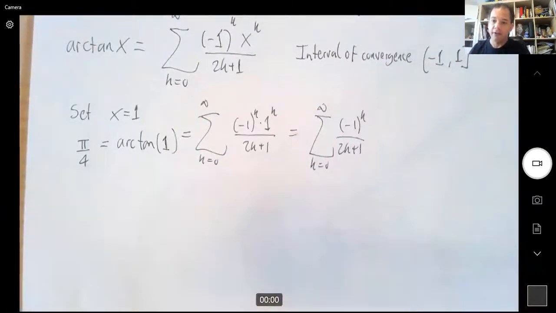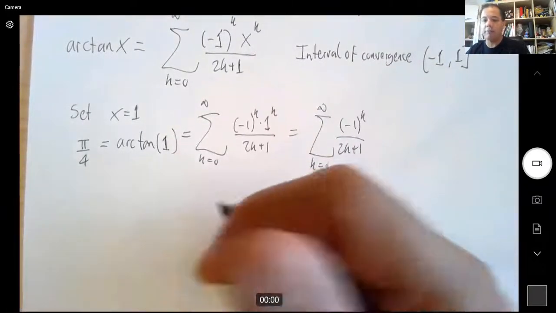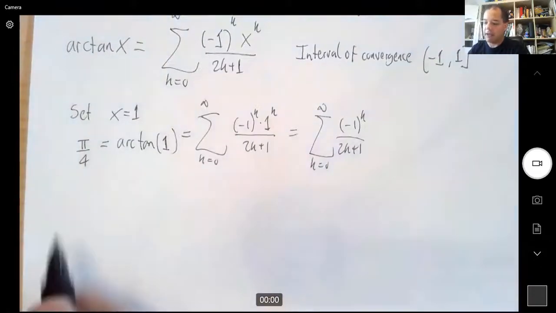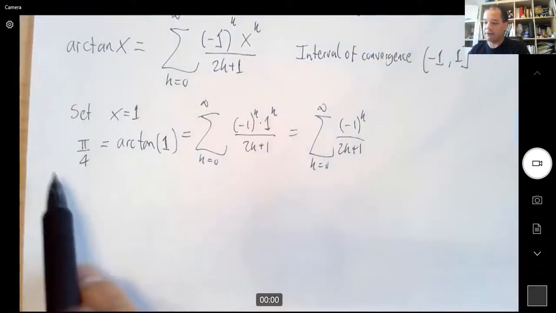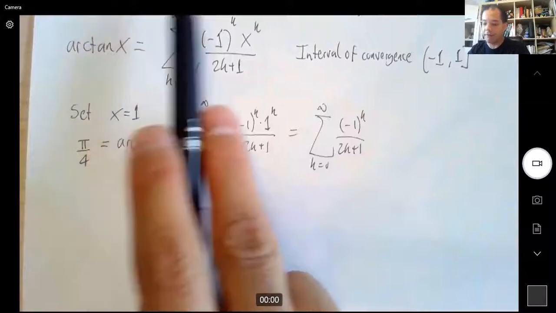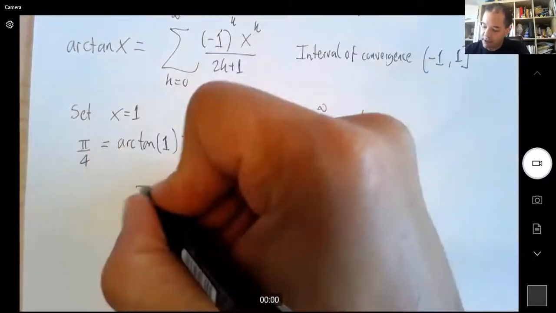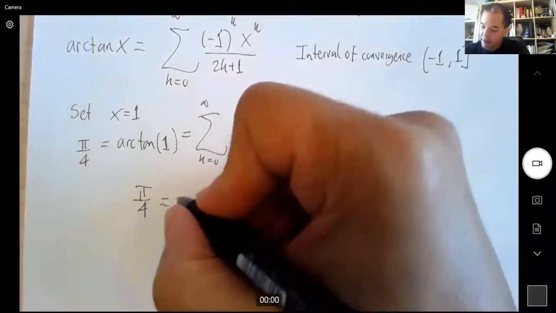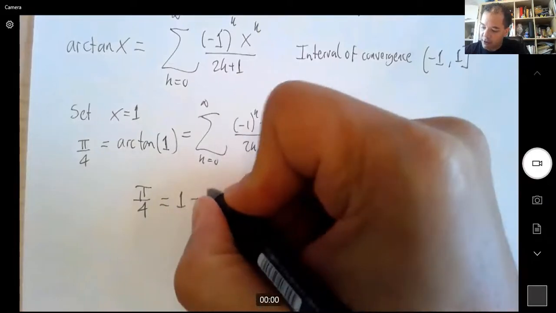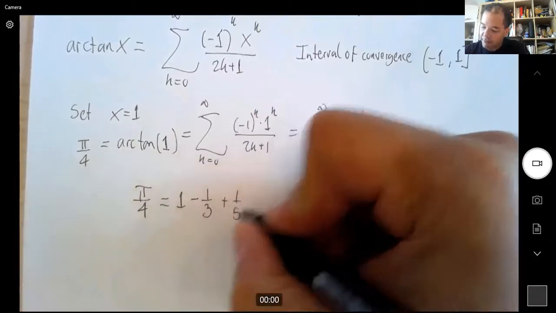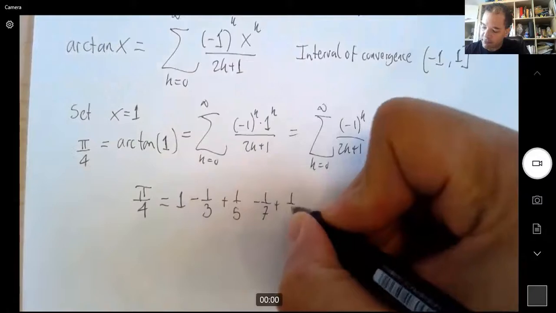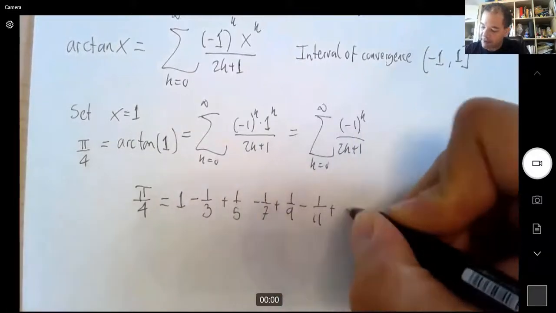Again, one of those that if you didn't know any better, you wouldn't believe it. How can something like pi have to do with something as straightforward as the odd numbers, 1, 3, 5? So this is the pretty expression we just deduced, that pi over 4 is 1 minus 1/3 plus 1/5 minus 1/7 plus 1/9 minus 1 over 11, etc.